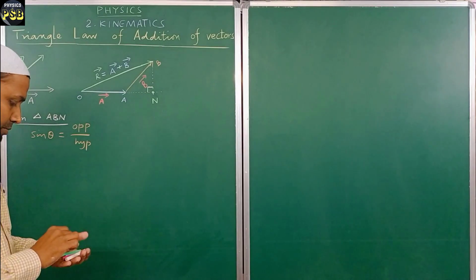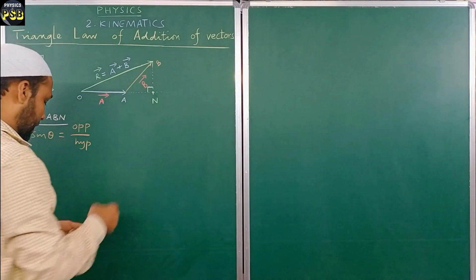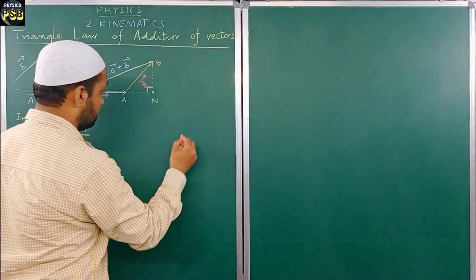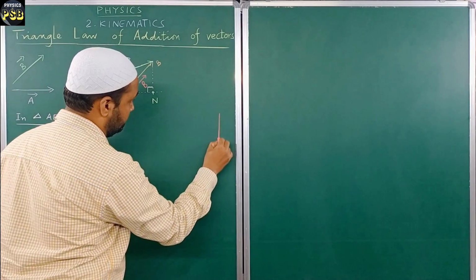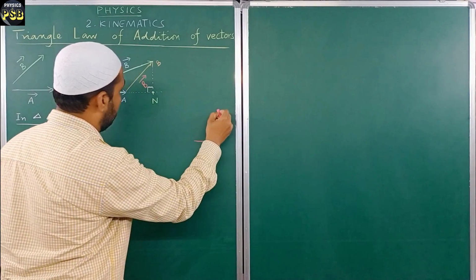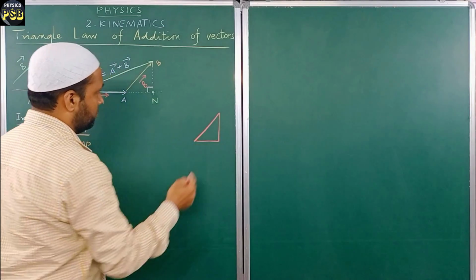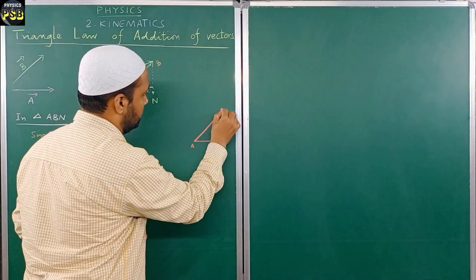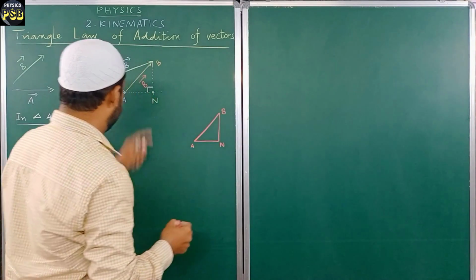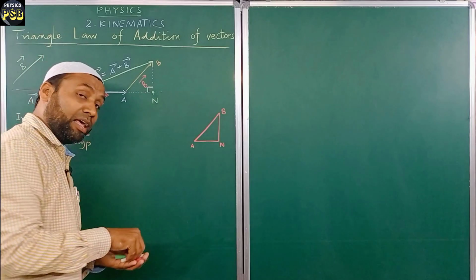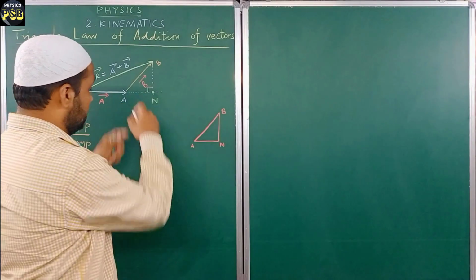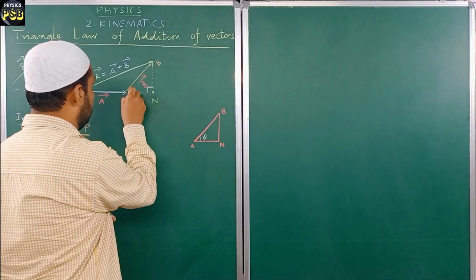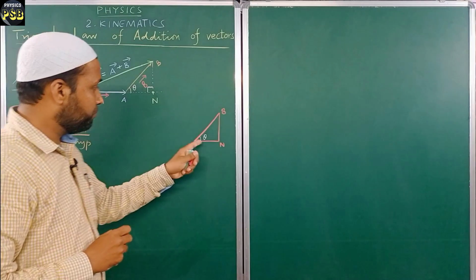So actually, I have taken this triangle. For convenience, I am going to draw this triangle here. This is A, this is B, this is N. This is a right angled triangle. In a right angled triangle, I take this angle as theta.